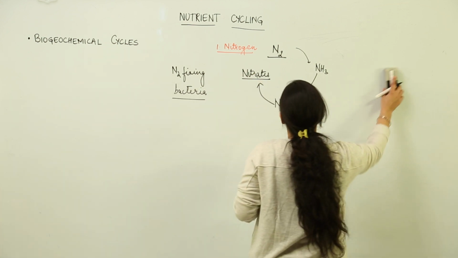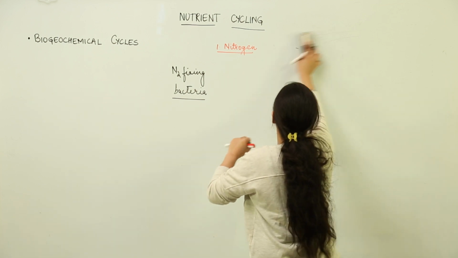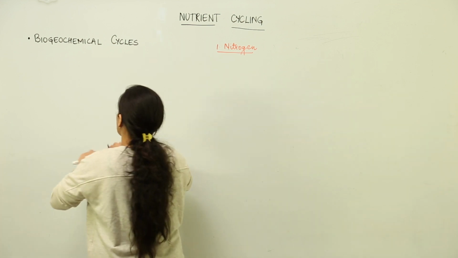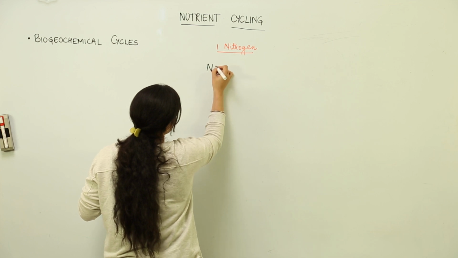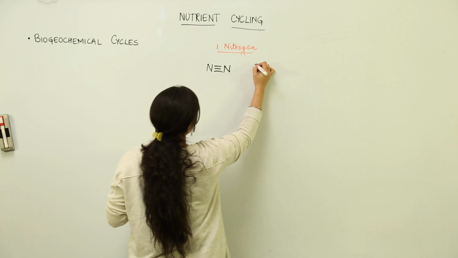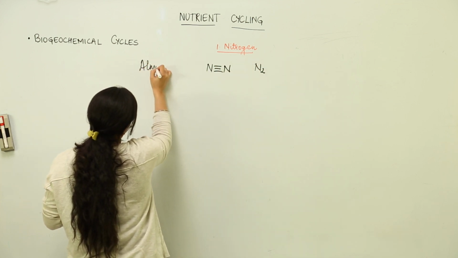Now understand it from another point of view, considering various ecosystems, or in short the biospheres. We have atmospheric nitrogen, N2. This is the atmosphere.